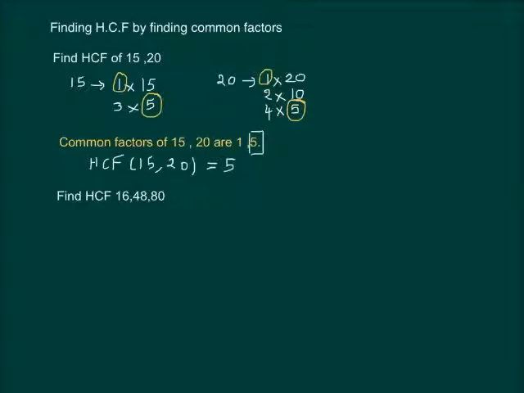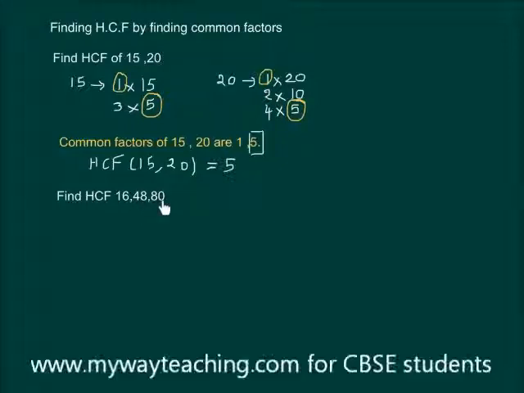Let us look at another example. Say we have to find HCF of 16, 48 and 80. We start with finding the factors of each of these.